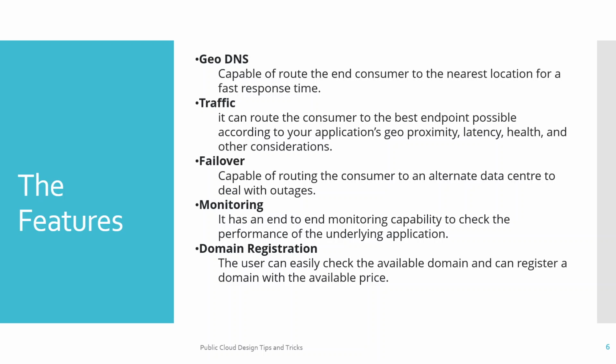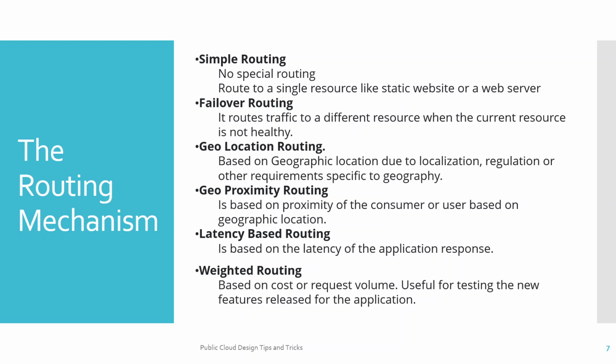It is capable of routing the consumer to alternate data centers or the next available data center to deal with any outages. It supports end-to-end monitoring capability to check the performance of the backend application. The user can easily check available domains and register a domain at the available price using domain registration within Route 53. So these are the features.